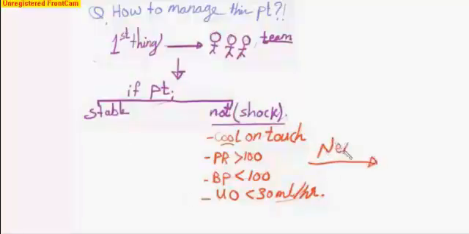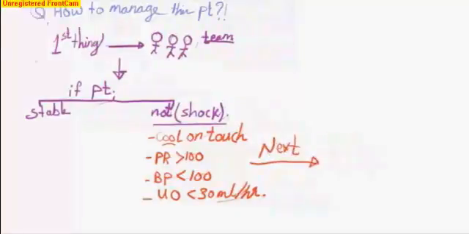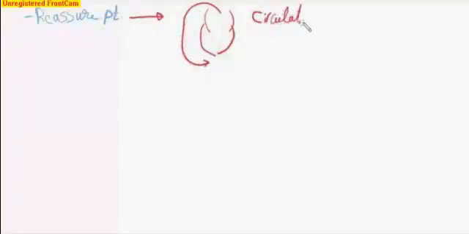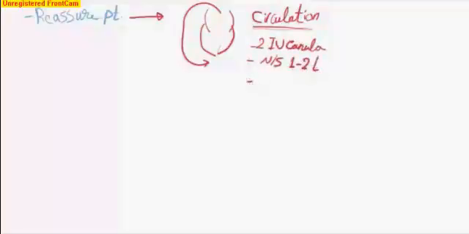So the next thing you will do after knowing if the patient is stable or not is try to reassure the patient if you see the patient is stable. Then you have to be careful about the circulation. Open two large lines, about 14 to 16 size cannulas, and then try to give the patient fluid resuscitation.